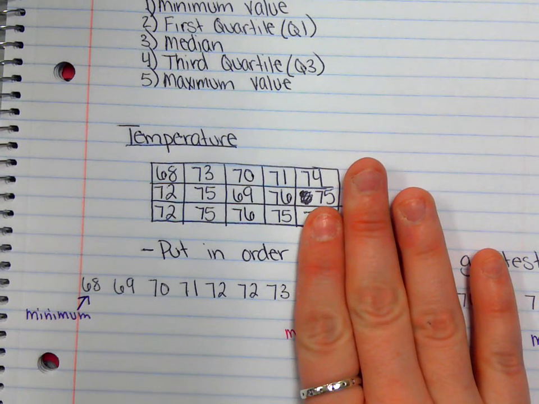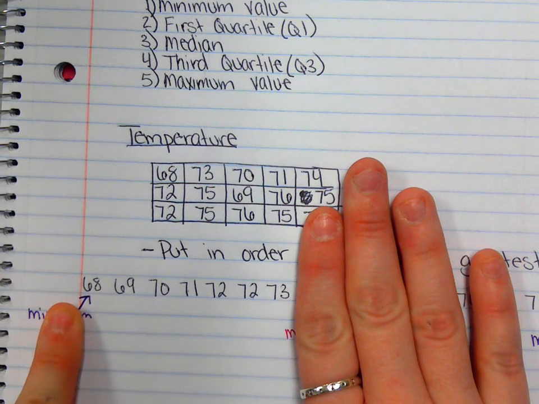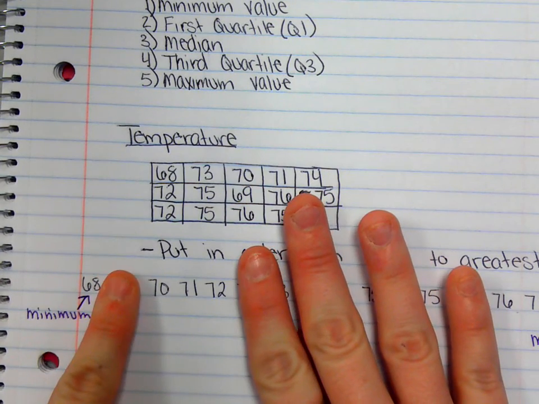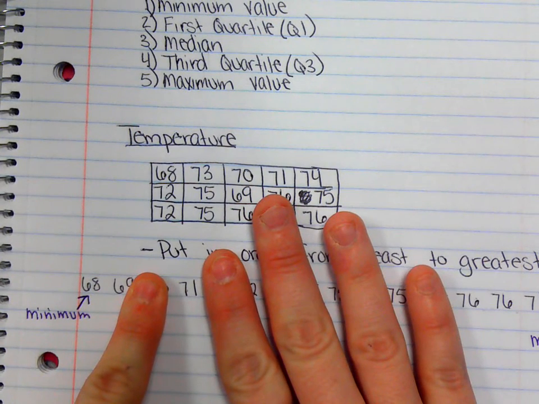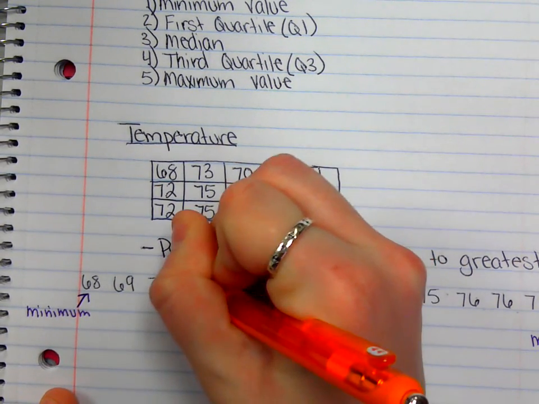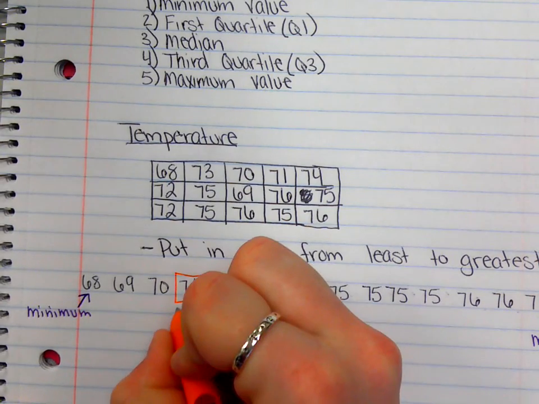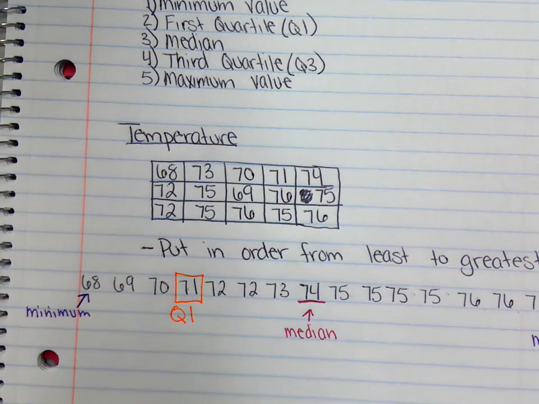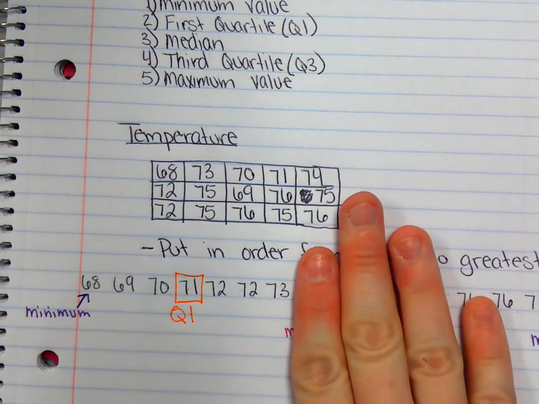We're going to find the middle number from these. So I'm going to do the same thing, cover up until I get to the middle. The middle number is 71. That's my quartile 1 right here. A quick way to label it is just Q1.